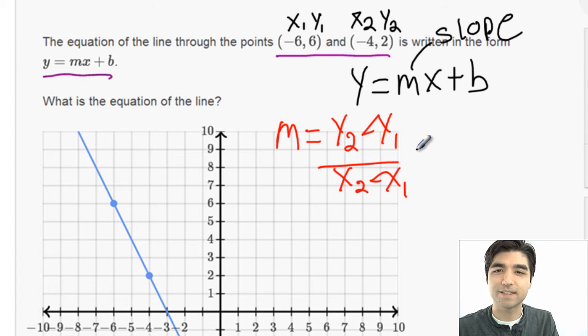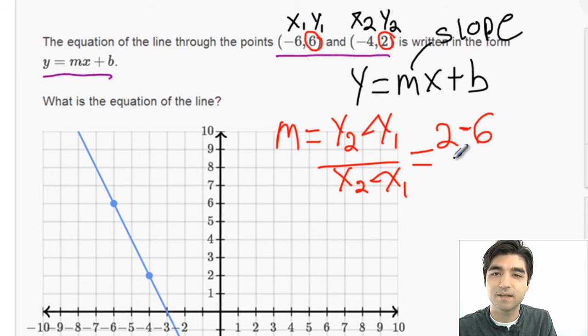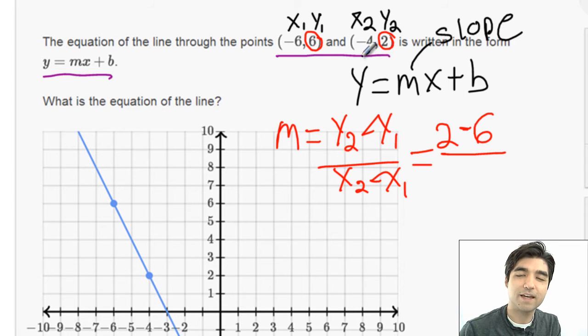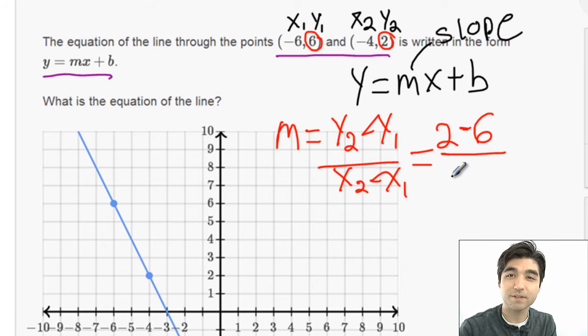Sorry about the connected lines there. And y2 equals 2, which equals this number, and then minus our y1, which equals this number, 6.